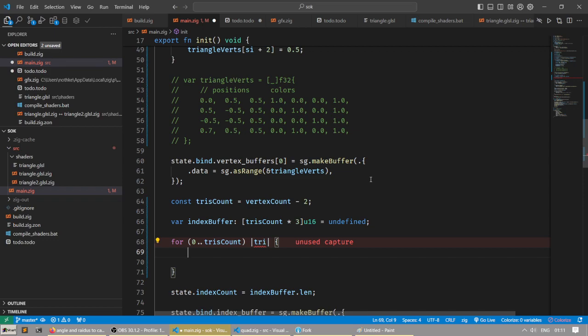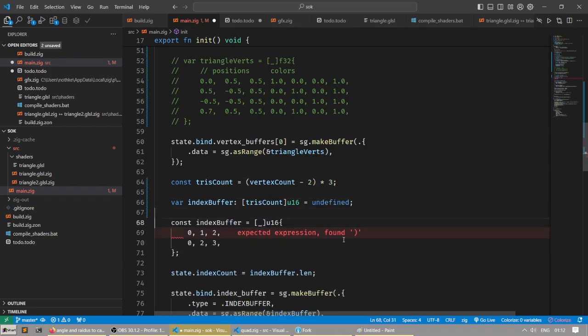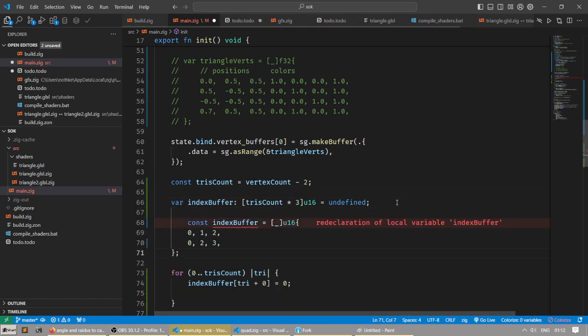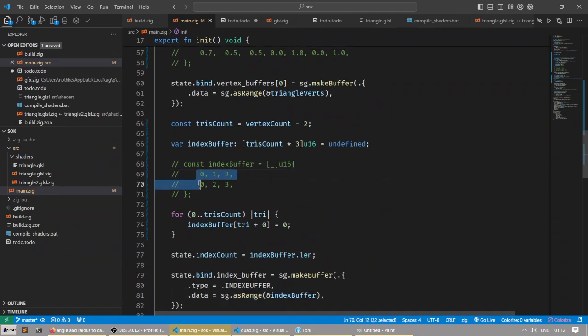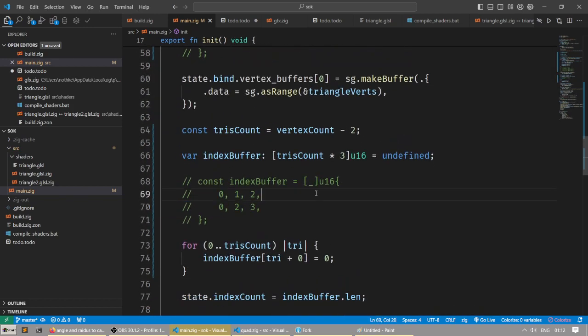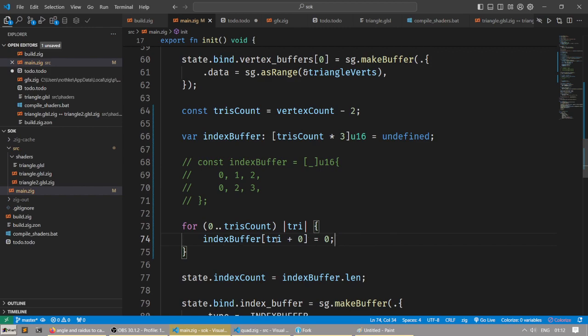For each triangle, we're going to say index buffer try plus 0. It's always going to be 0, right? Actually, we shouldn't have deleted that. I can use that as a reference, so let's keep that and comment it out so that we don't look at it. As you can see, the first vertex is always going to be 0. That is why the index buffer is try by 3 plus 0.